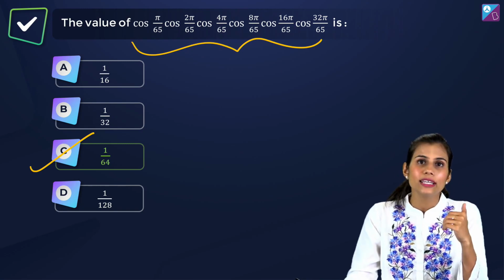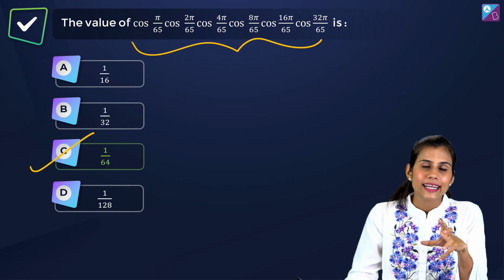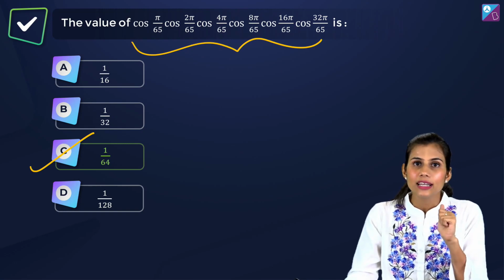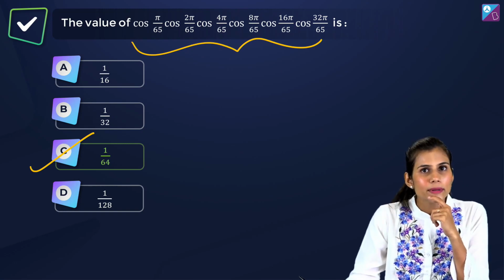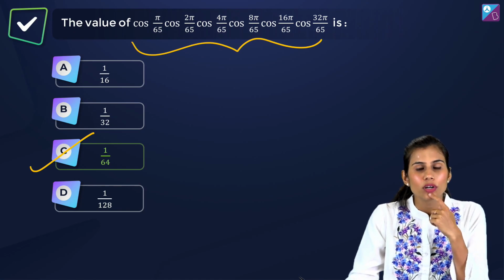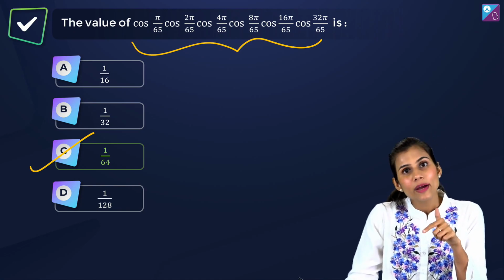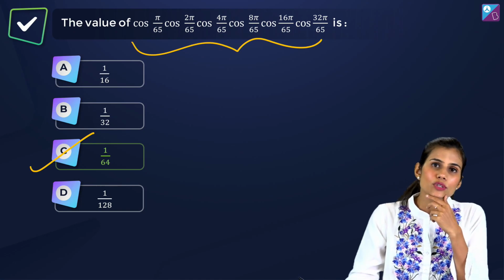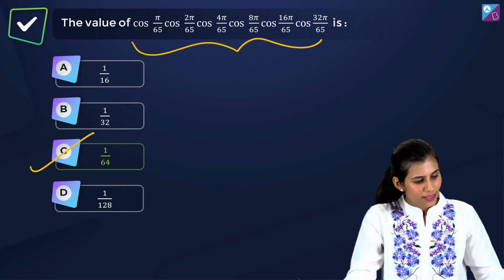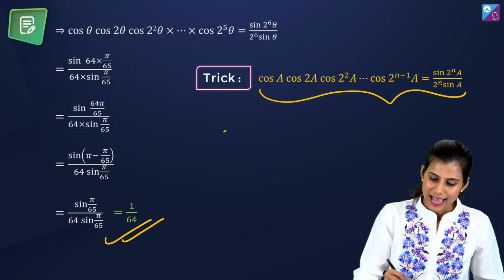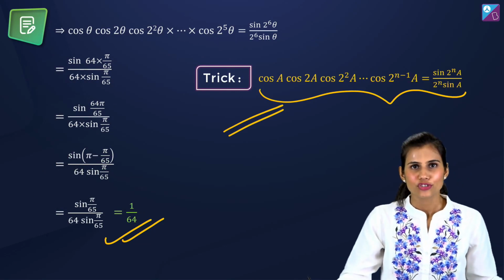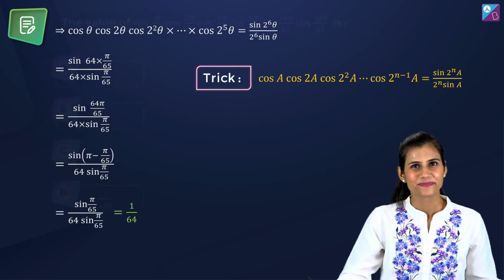But when you actually dig deep into what the angles are, you realize that a GP pattern is involved. You have 2 theta, then 2 square theta, then 2 cube theta, and so on. That's when this result comes into action and helps you reach the answer quickly.